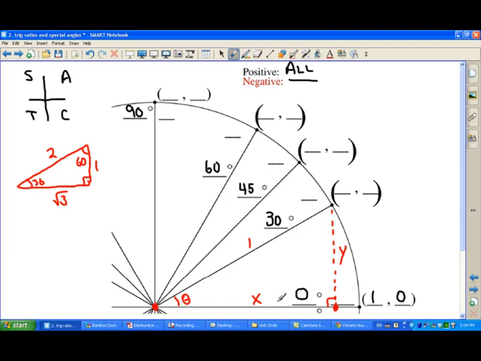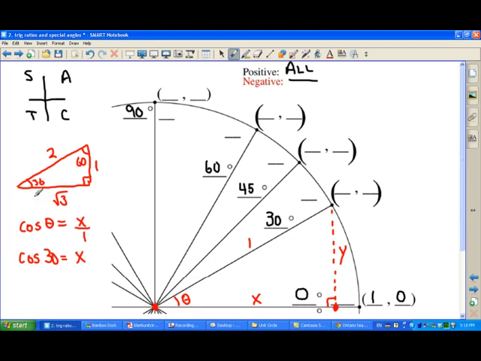If I want to find the value of x using this triangle, I'm going to find the cosine of angle theta, and that's going to be equal to my adjacent side x divided by my hypotenuse, which is 1. So this quickly becomes the cosine of angle 30 is equal to x.